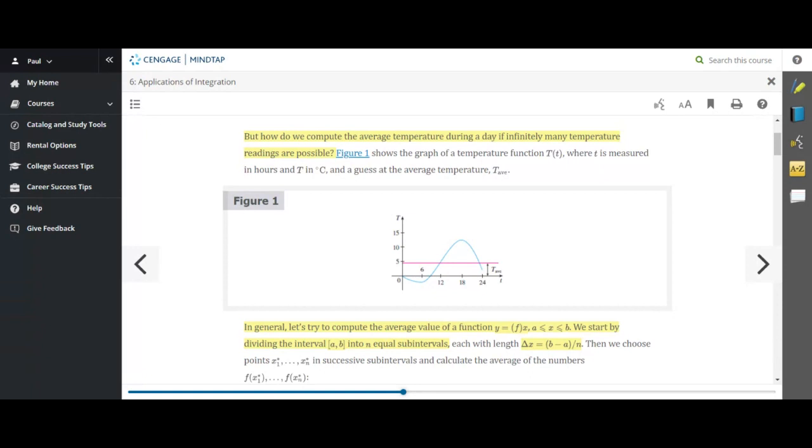That gives you a visual sense of a reasonable answer. That red line is a balance point for all the function values on the blue temperature graph. So let's look at an example.